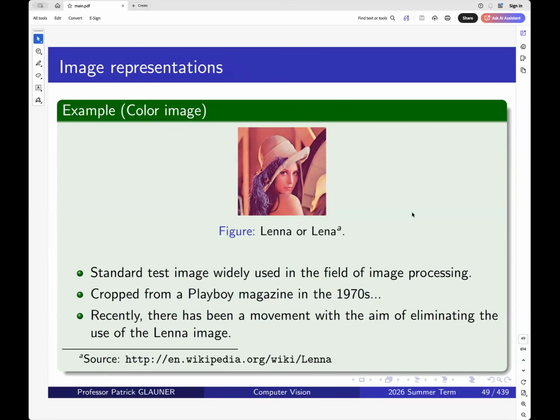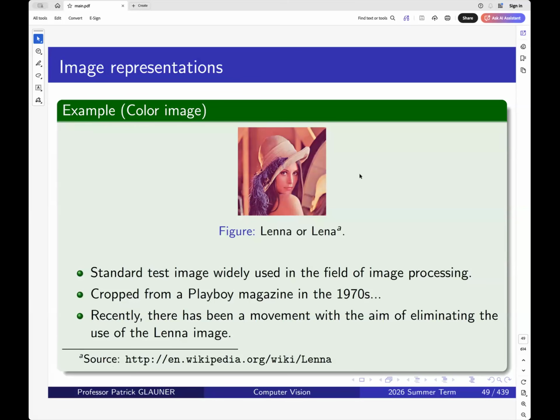Now, in recent years, a lot of people have started to rally against this image, and some people aim to eliminate the use of this Lena image. I'm not particularly fond of the image, but I have a few examples in this course where it is also used because it has simply been used for decades in the literature, and there are a lot of examples.